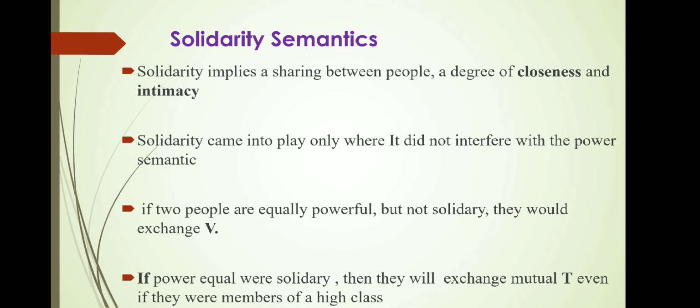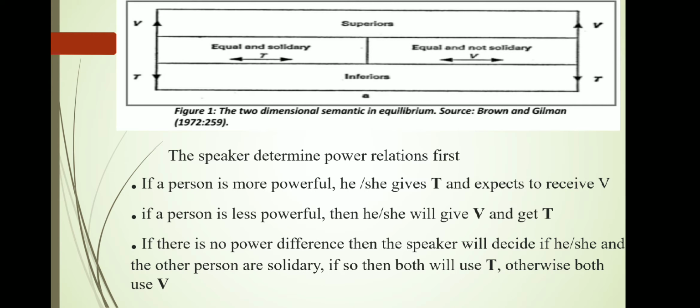Now let's have a look at figure 1 to illustrate this more. This figure was taken from the chapter we relied on in this presentation. So here we have the two-dimensional semantic in equilibrium. We have solidarity and we have power, which is superior or inferior. So the speaker first determines power relationships.